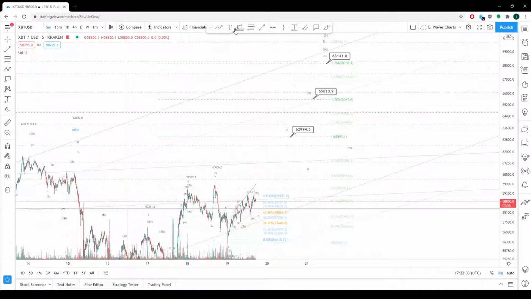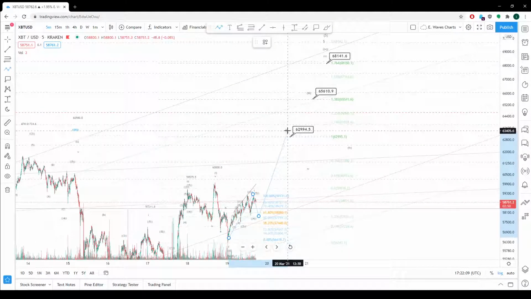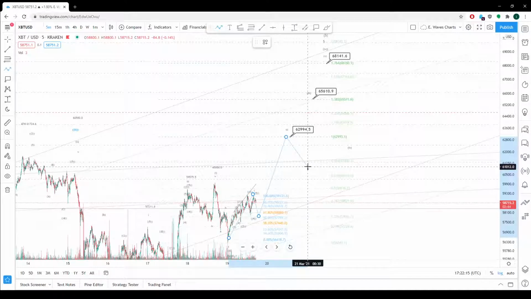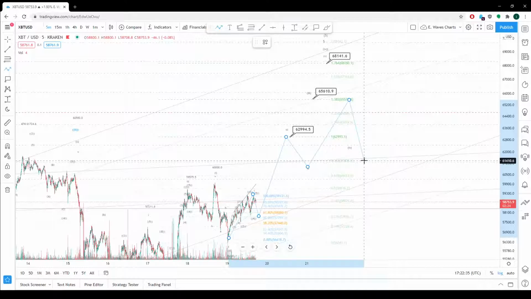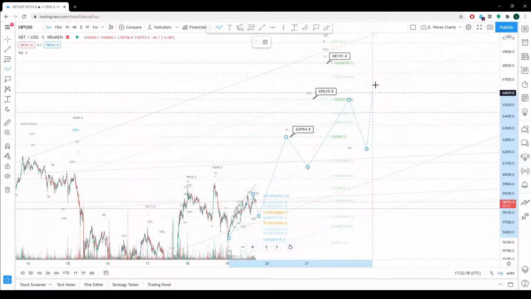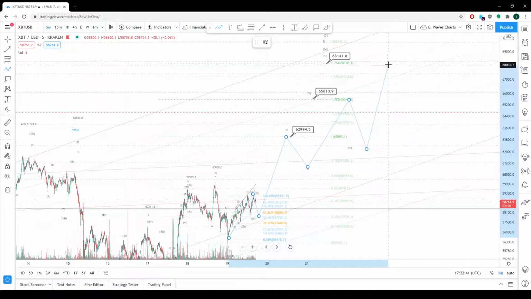Let's do that again. So this would be 1, 2, 3, like I said around 63, 4, and then 5, and that would complete wave 3 of this bigger degree 1, 2, 3, around 65,600. And then we could see a retracement between 63 and 61, and then for a final wave 5, we could be seeing at least 68,000.